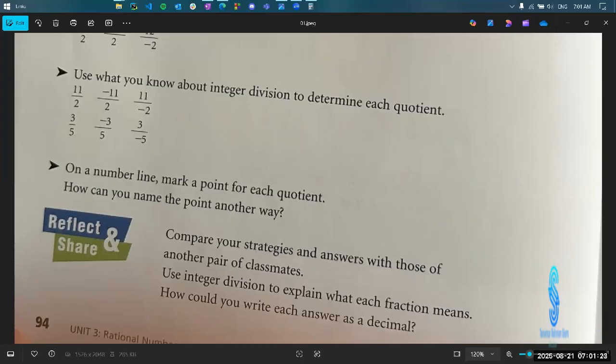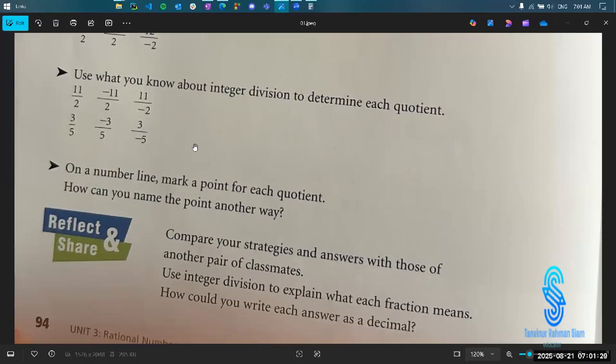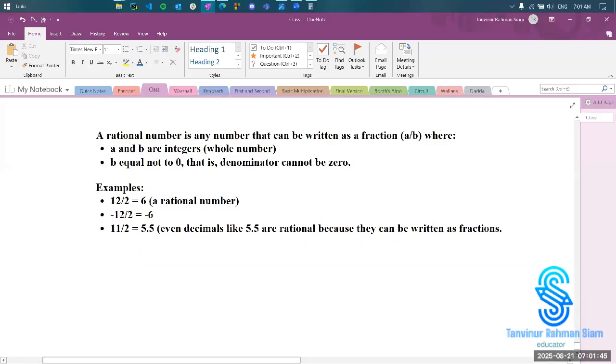As we have already solved the first page, we can say in an easier manner that rational numbers equal numbers that can be written as fractions, like the thing I have already written.